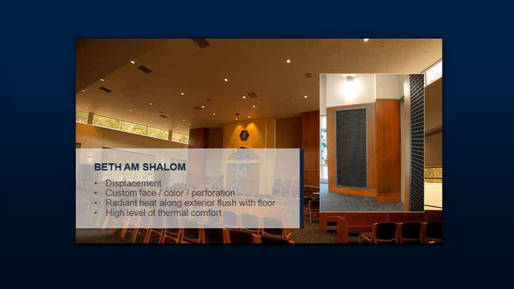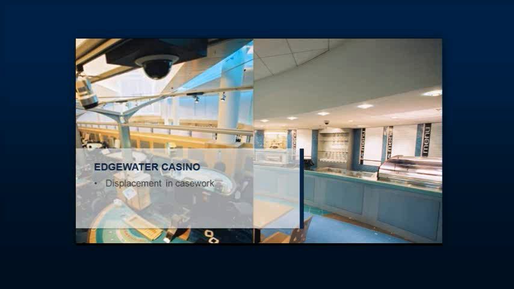Now, these diffusers are stainless steel. They have a custom face. You can see that there's this band around the diffusers that is not perforated and actually has the electrical service or the data service or other services attached to the product. It is also curved to match this oval shape. Phenomenal level of comfort comes from this building.